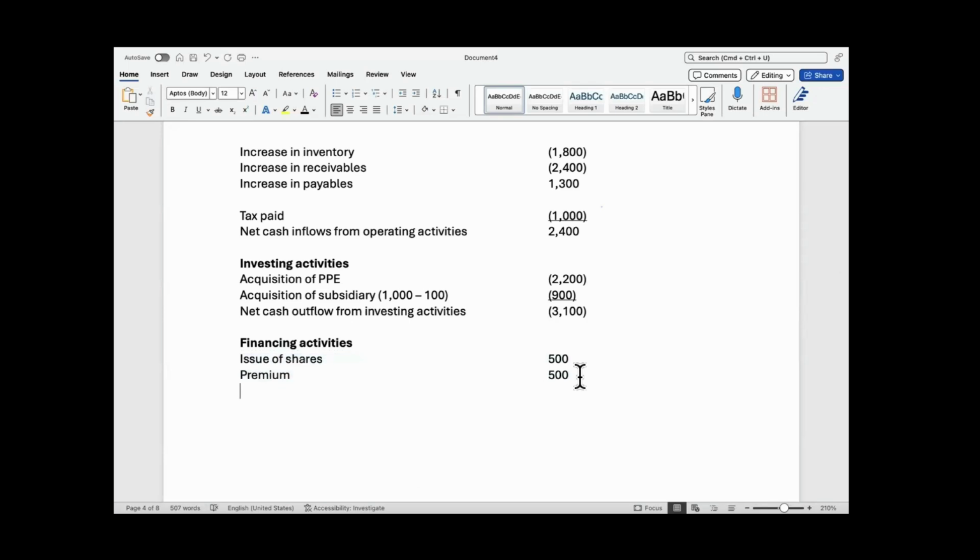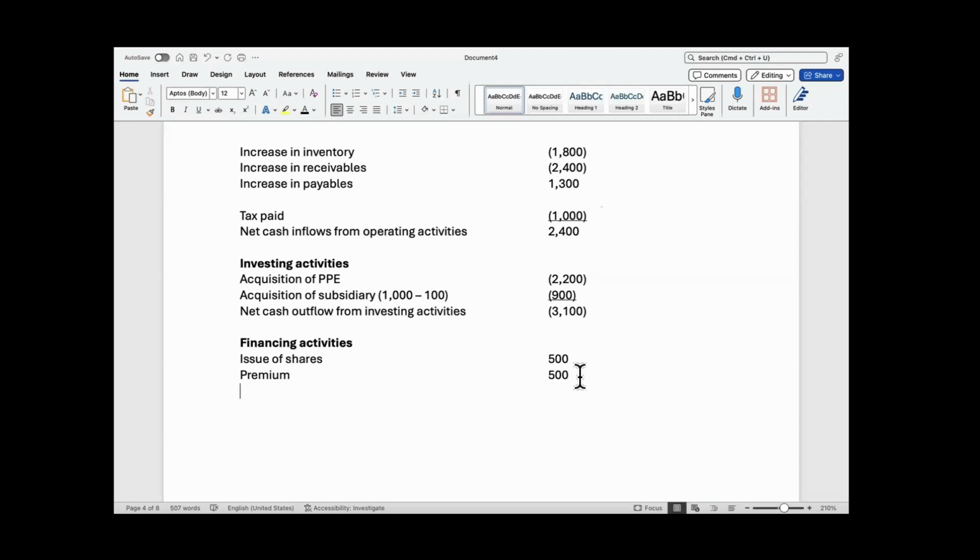Sir, please, I have a question. Let's assume that we're not given a premium figure in the question. I think that if we want to calculate our premium, we will use the balance brought forward of retained earnings plus profit for the year minus closing retained earnings. That's dividend.